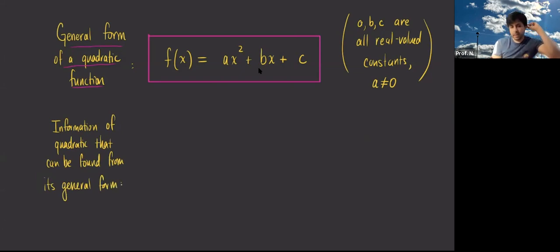What can I discover about a particular function if I'm given the general form?